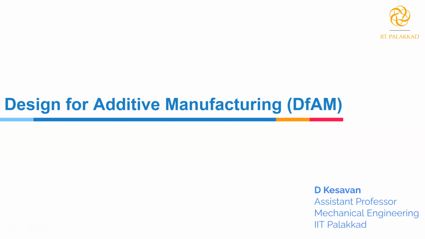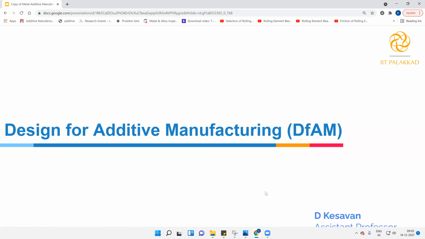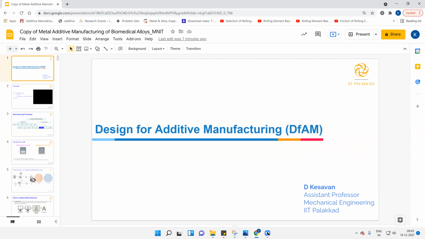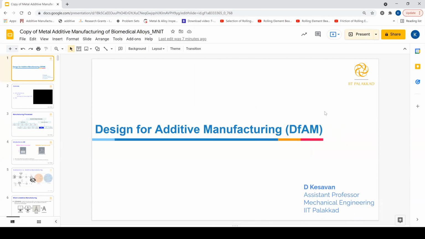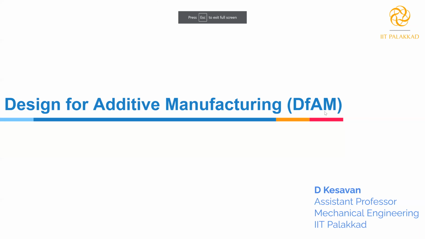So for each process, we are supposed to consider how to design a particular product or part for a particular process. For additive manufacturing also, there are certain rules and regulations for how to design a particular part for this process. So we are supposed to know about design for additive manufacturing.